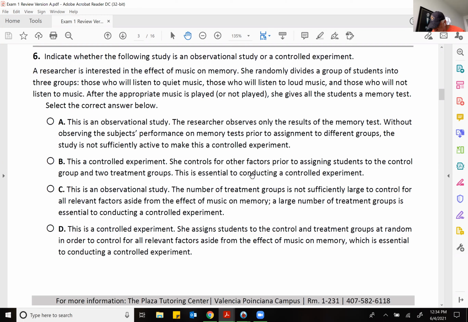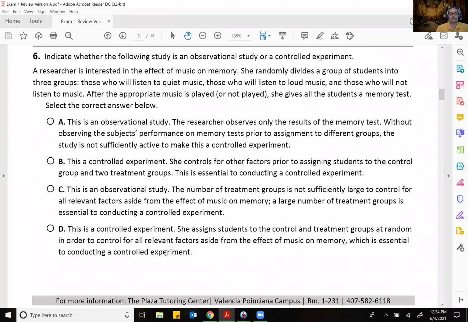This is essential to conducting a controlled experiment. D says this is a controlled experiment. She assigns students to control and treatment groups at random in order to control for all relevant factors aside from the effect of music on memory, which is essential to conducting a controlled experiment.